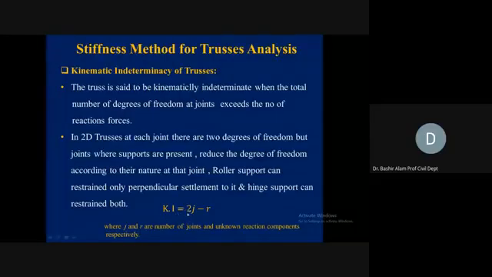So kinematic indeterminacy is equal to 2J minus R, where J and R are the number of joints and unknown reaction components respectively. So very easily by applying this equation, you can find out the degree of kinematic indeterminacy, 2J minus R.